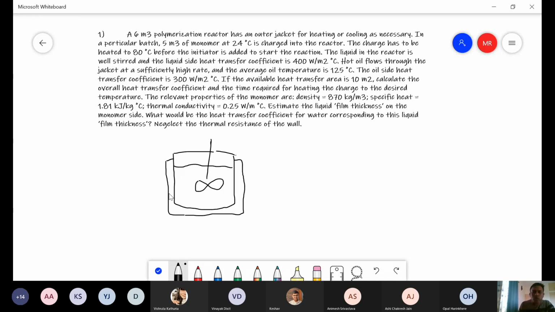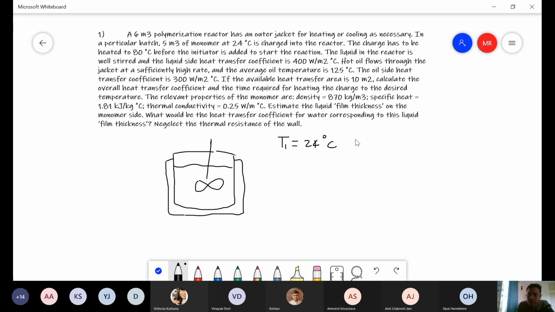Okay. Now, the volume of this reactor is given, that is 6 meter cube. And inside this reactor, there is 5 meter cube of the monomer at 24 degrees Celsius initially. So T1, initially the monomer is at 24 degrees Celsius.